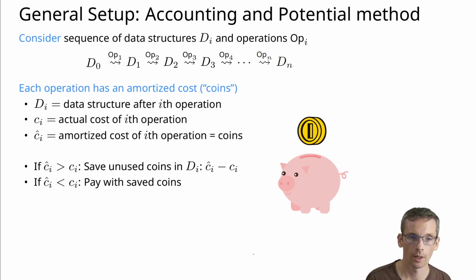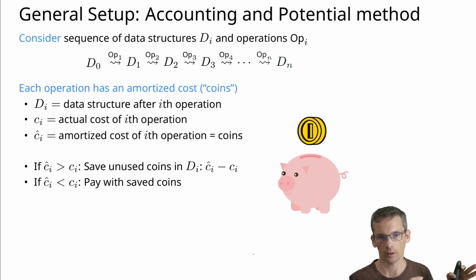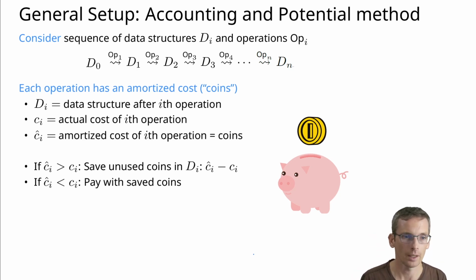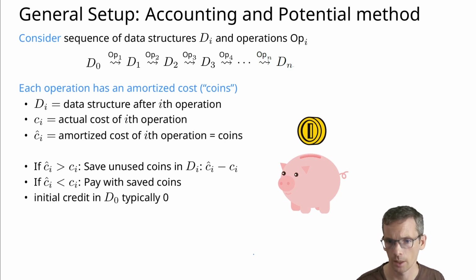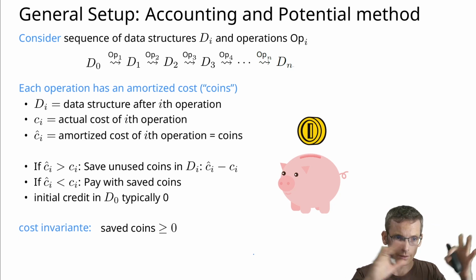If the amortized cost is larger, we can save coins, namely amortized cost minus actual cost. If it is smaller, then we have to pay with coins, and we have to guarantee that we have already saved them. Initial credit is typically 0. Essentially, the invariant that we want to maintain is that the saved coins that we currently have should never drop below 0. So that's the general setup.